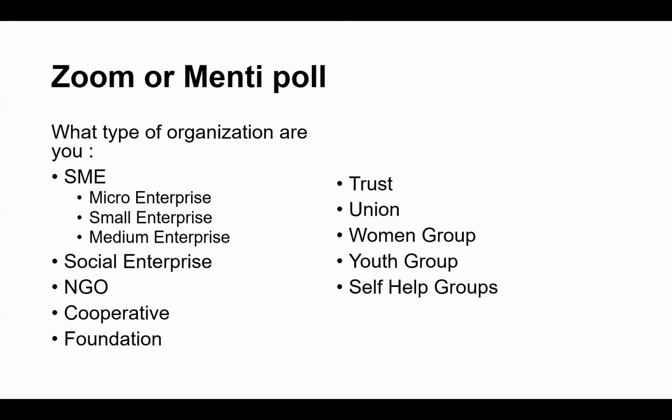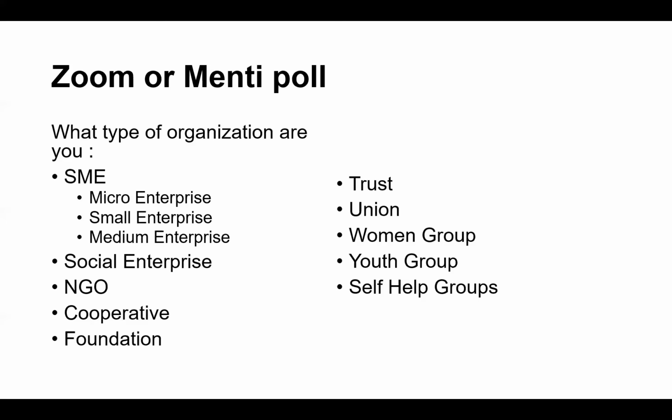So I wanted to do a Zoom or Menti poll, but because of time, I would like to just find out, just type in the chat box, for the sake of our understanding, what type of organization are you? Are you a micro enterprise?